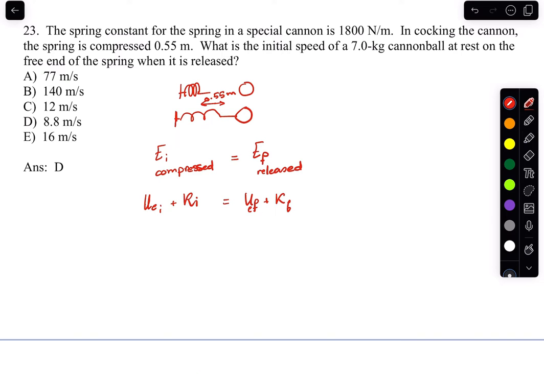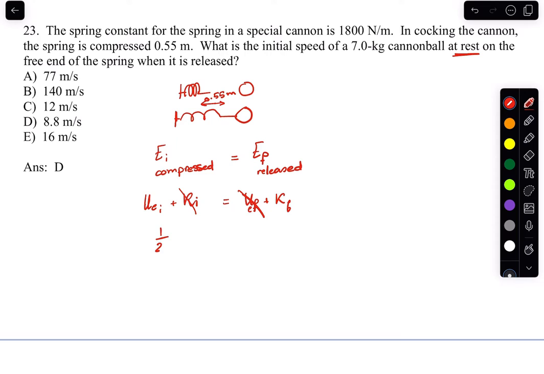The initial speed of the cannonball is 0 because it was at rest, so this cancels out. And once it is released, the spring is going to be at its natural length, so it will not have any stored elastic potential energy anymore.